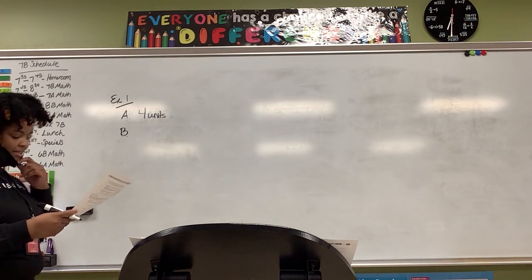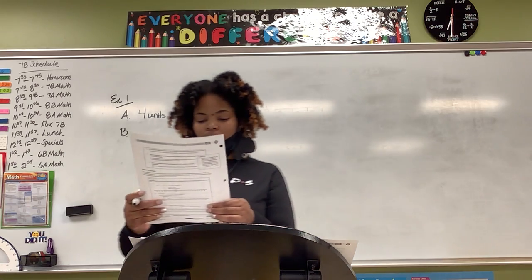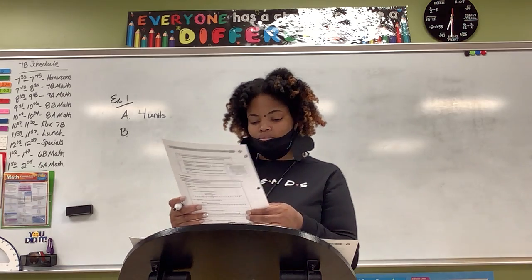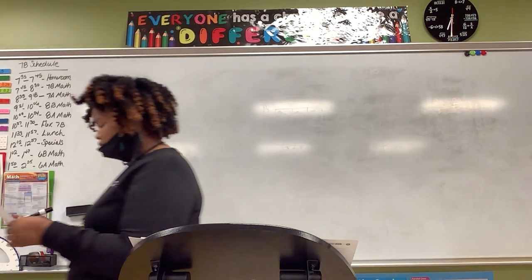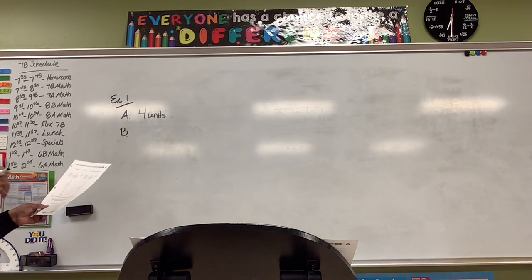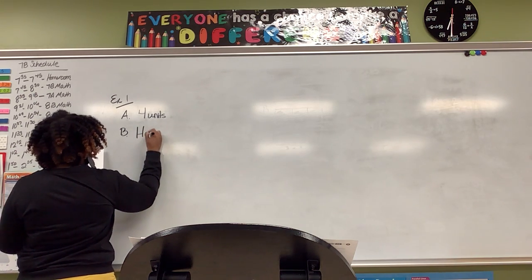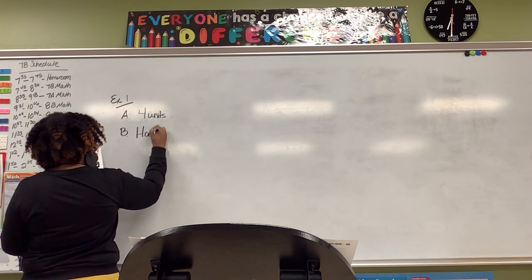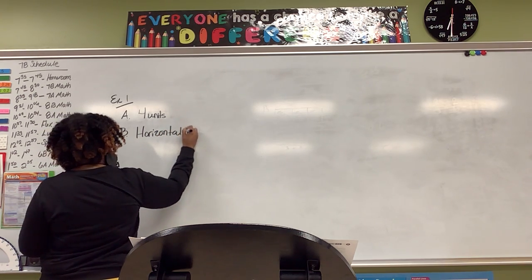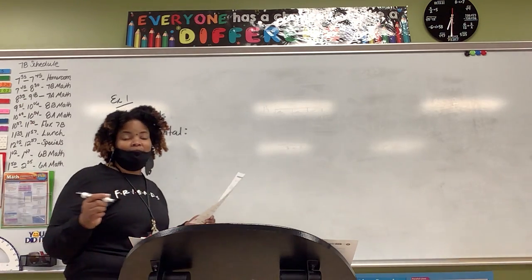B. Does the sum lie to the right or left of 2 on a horizontal number line? Does it lie on the right or does it lie on the left? So if it's a horizontal line, on the first model, the sum lies on the right or left?